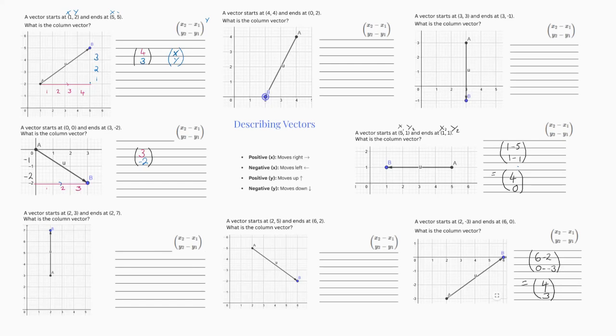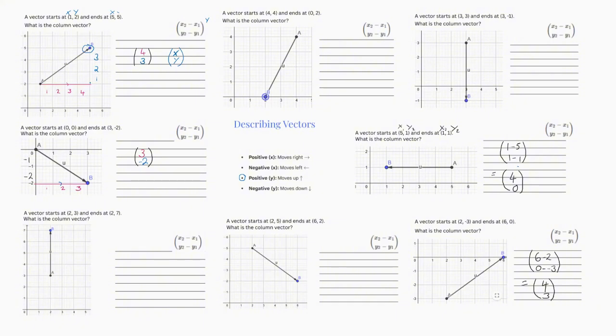For this, we have a line, and our line has a pointy arrow upwards. If we look down here, going up on our y-axis means it's going to be a positive y.